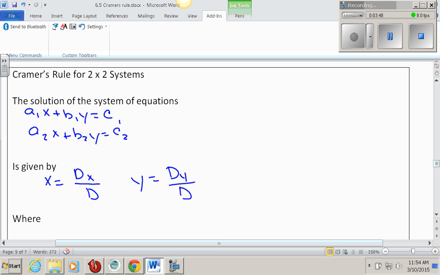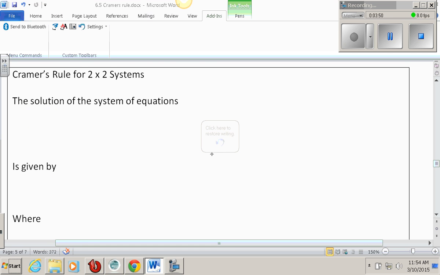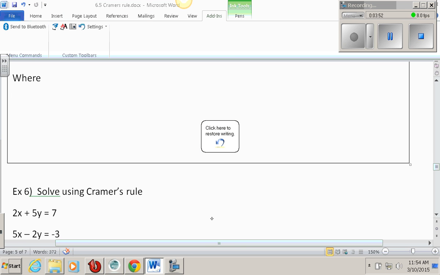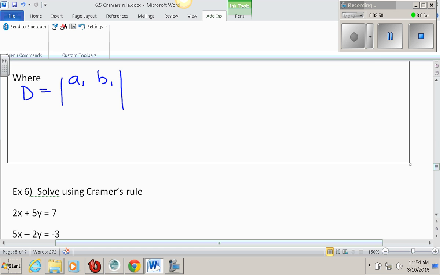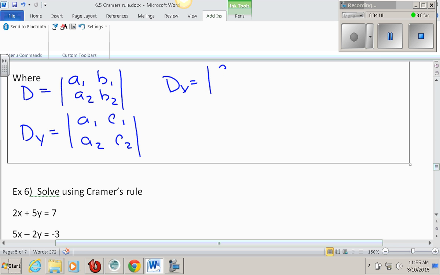Where, I do need to scroll this down so it's going to disappear. D is equal to a1, b1, a2, b2. D sub y is equal to a1, c1, a2, c2. D sub x is equal to c1, b1, c2, b2. And D cannot be 0.